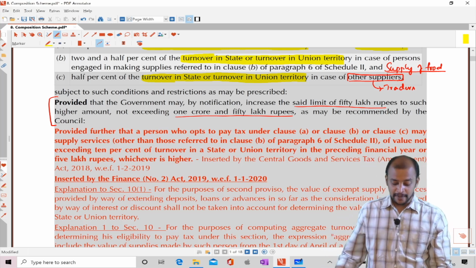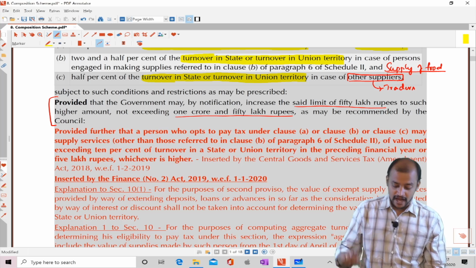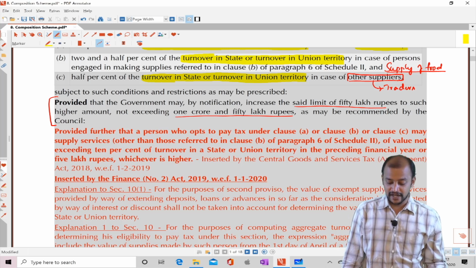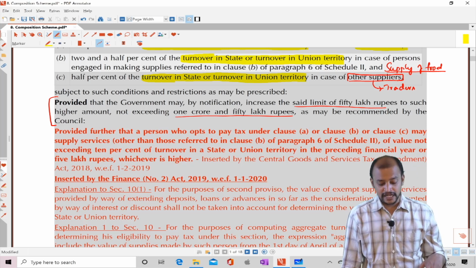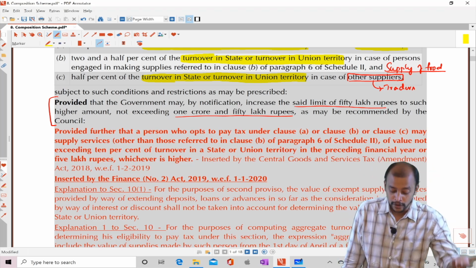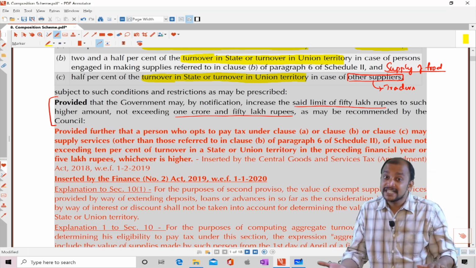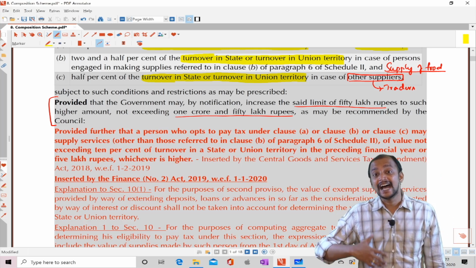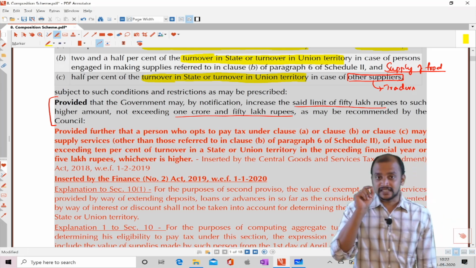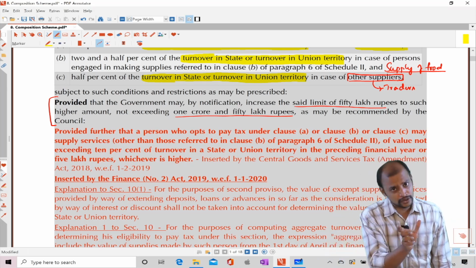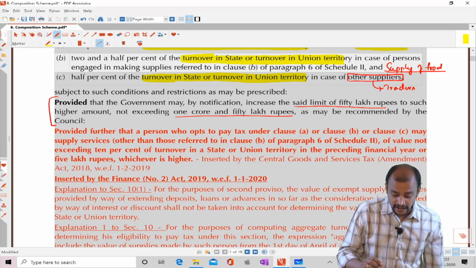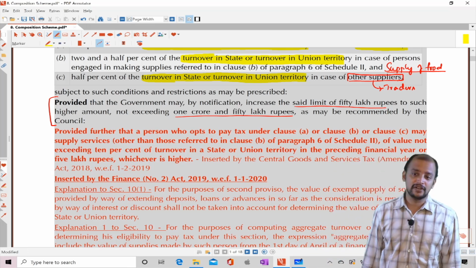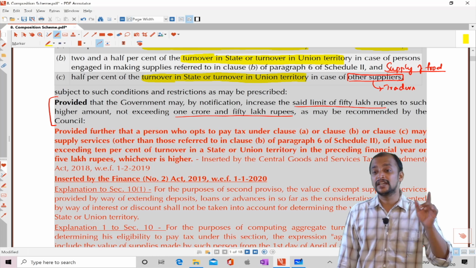Provided further that a person who opts to pay tax under clause A or B or C may supply services other than those referred to in clause B of paragraph 6 of schedule 2 of value not exceeding 10% of the turnover in a state or union territory in the preceding financial year or 5 lakh rupees, whichever is higher. Now, should that 10% be calculated on aggregate turnover or on turnover in a state or union territory?